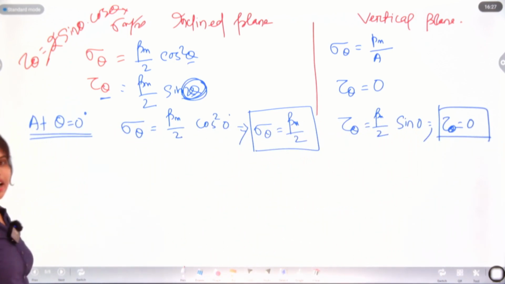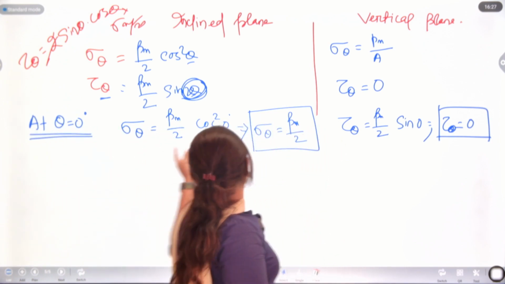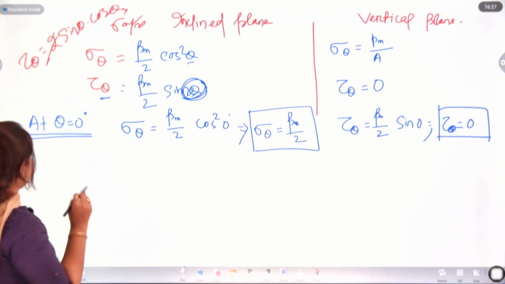Now we have sigma theta and tau theta for theta equals 0 degree.